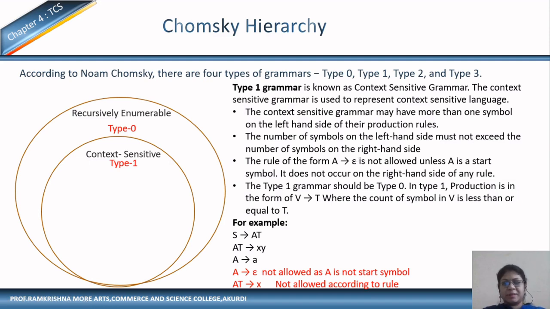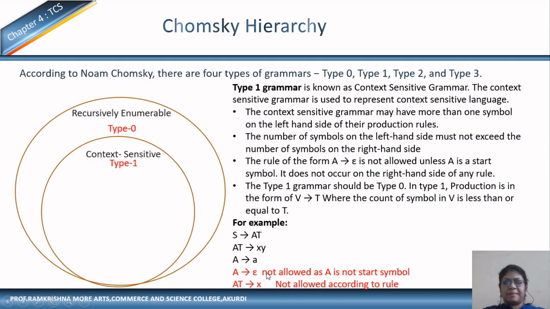The third rule is that a rule of the form A gives epsilon is not allowed unless A is the starting symbol. It means A gives epsilon is allowed only when A is the starting symbol. In the given example grammar, S is the starting symbol, as you can see.